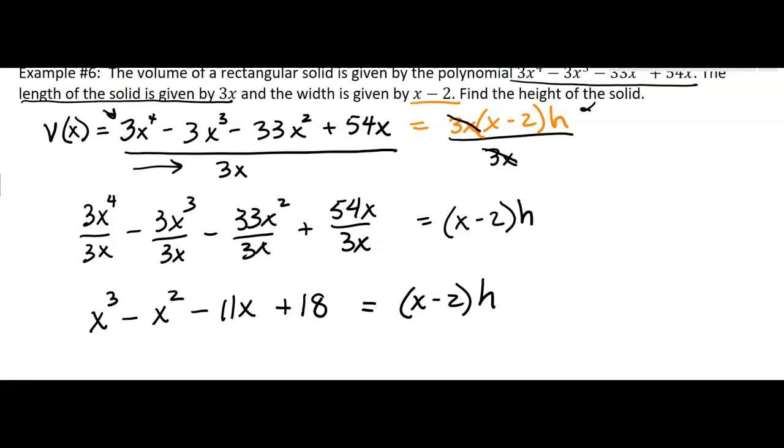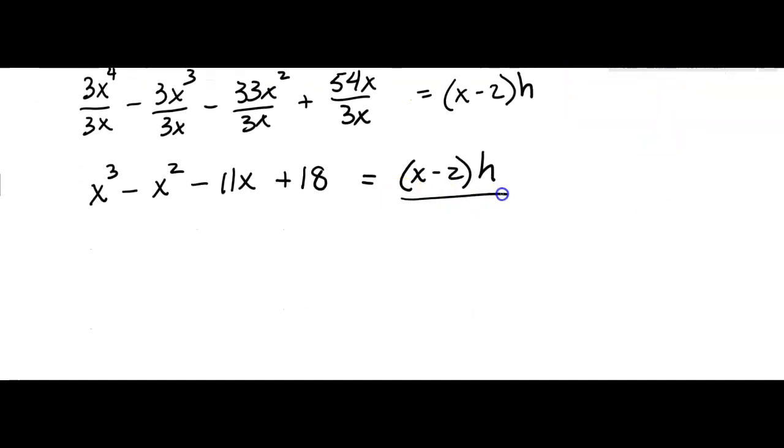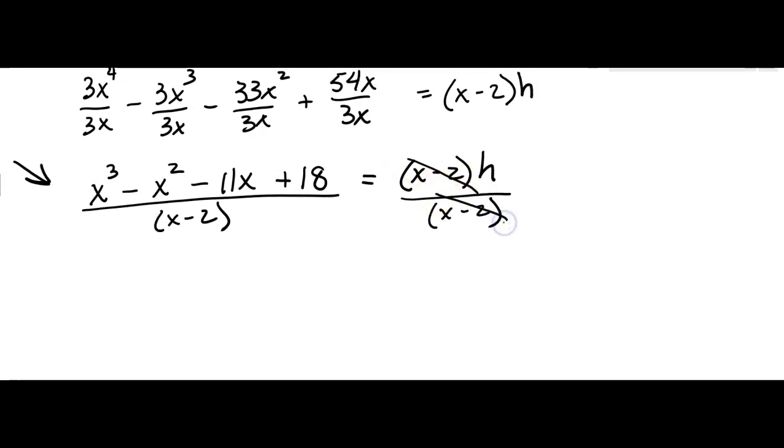But now we want to divide both sides. We're trying to solve for h. Now we want to divide both sides by x minus 2. So this is polynomial division here on the left. On the right, the x minus 2's cancel, and we just get h. But how can we do that polynomial division on the left?